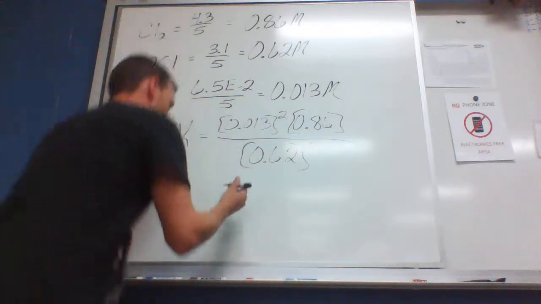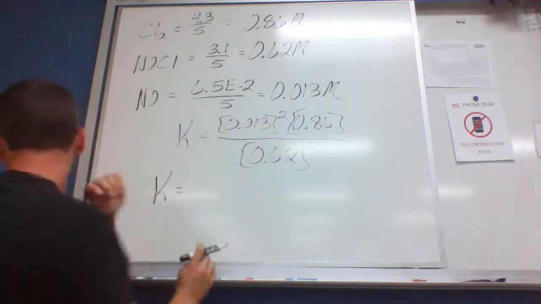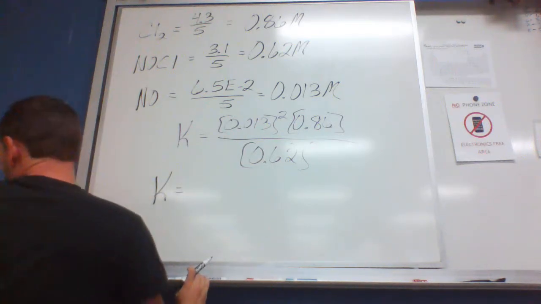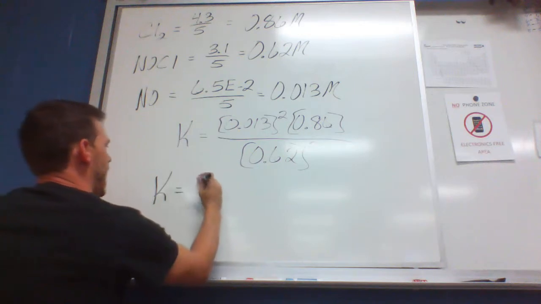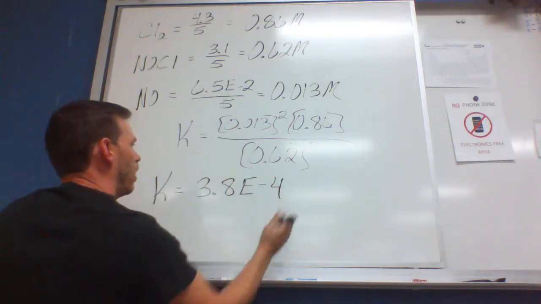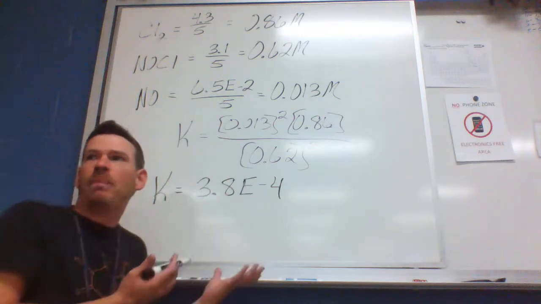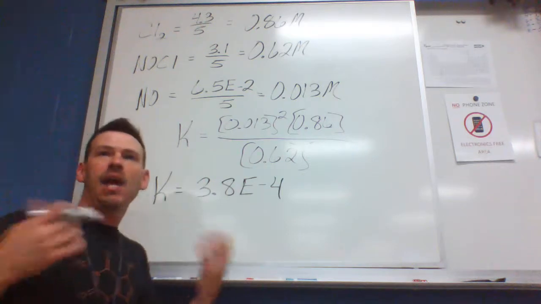Anyways, so for K here, the solution for this, if you're careful, is going to be 3.8 E negative 4. All right? Now, if it didn't want K in reverse, that would be the answer. But it wants it in reverse.